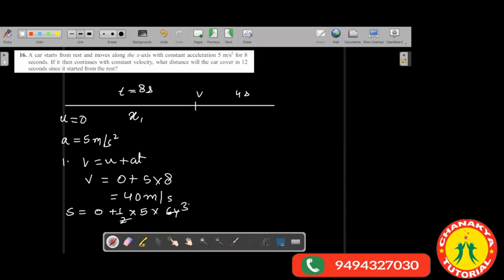You have 32 multiply 5. So you get 160 meters. So we got here x1 as 160 meter, and final velocity as 40 meter per second. Now can you get the distance that it will travel in the next 4 seconds?